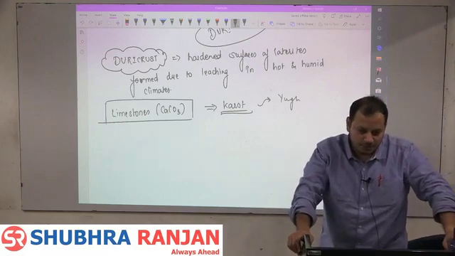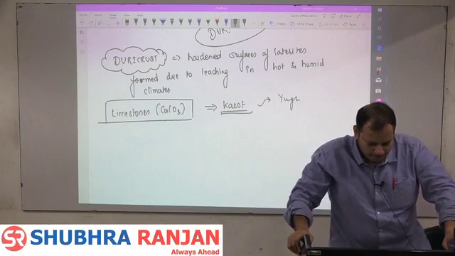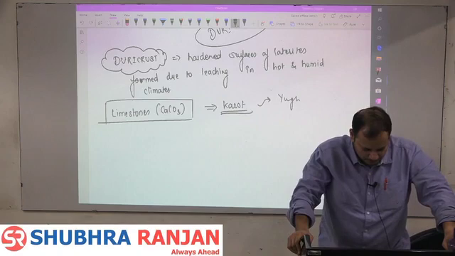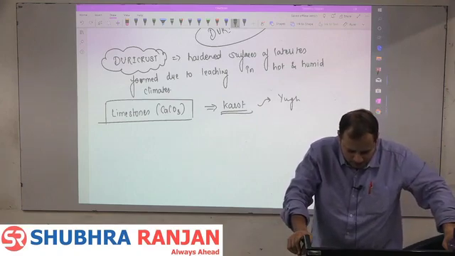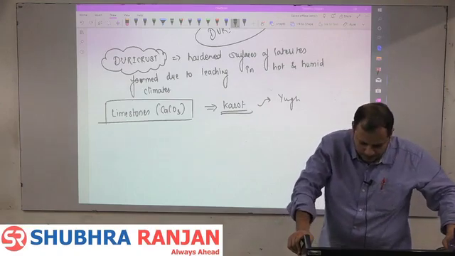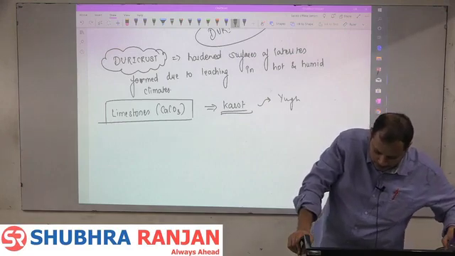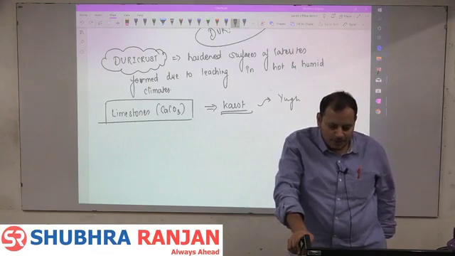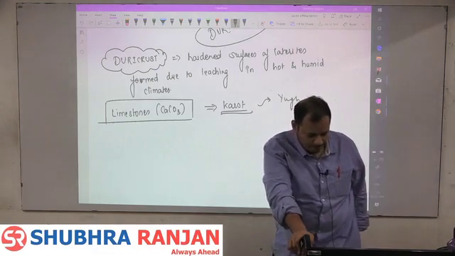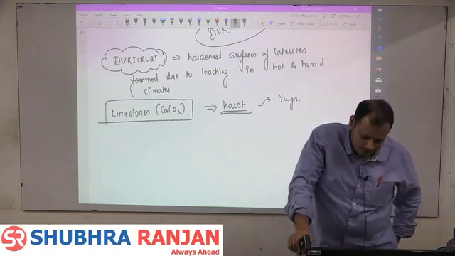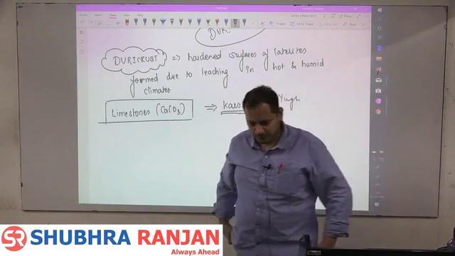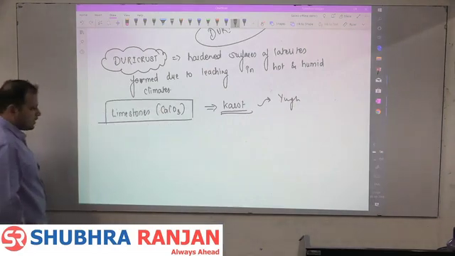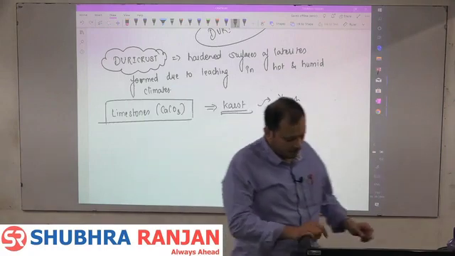The regions of karst topography of Europe, which today has cold conditions, indicates that once it was having tropical climate.